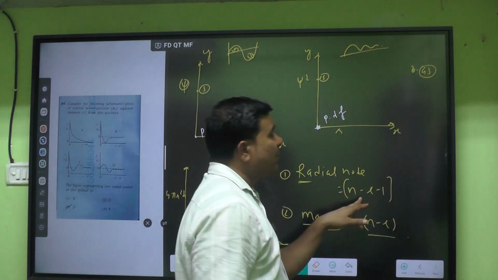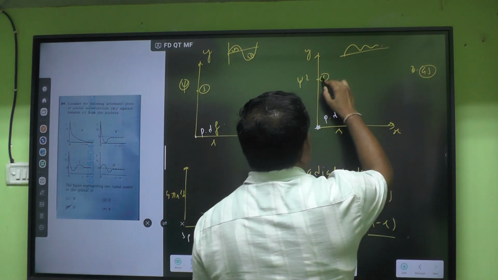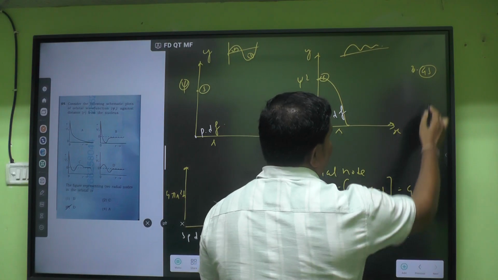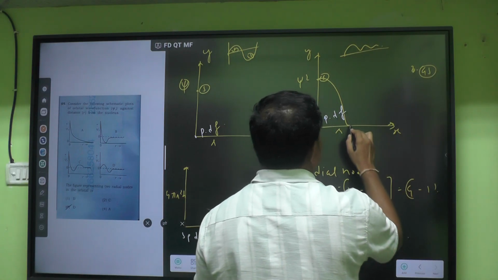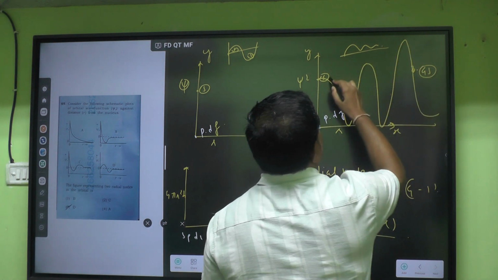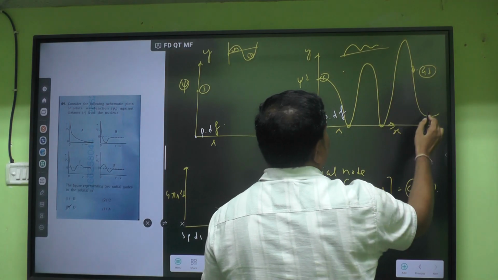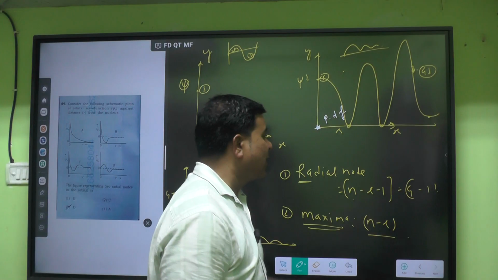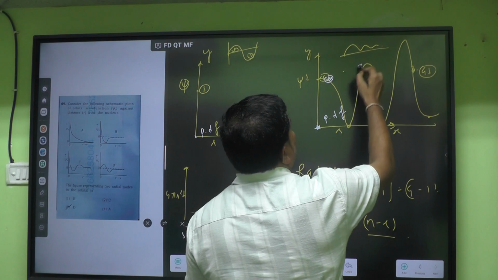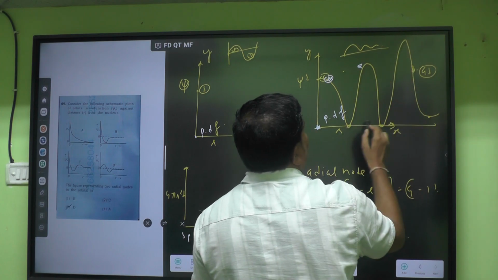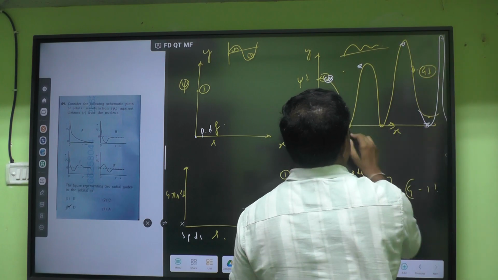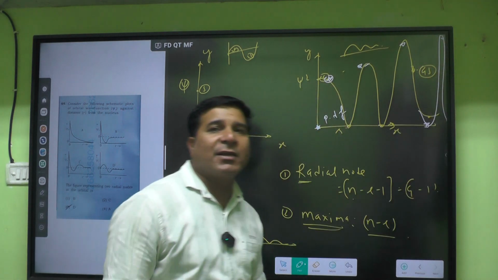What is the radial node here? 4 minus 0 minus 1 is 3. So the graph has 3 radial nodes: 1 intersect, 2 intersect, 3 intersect, and the height will increase. Maxima is 4 minus 0, so there are 4 maxima. 3 radial nodes and 4 maxima, with the height increasing like this.